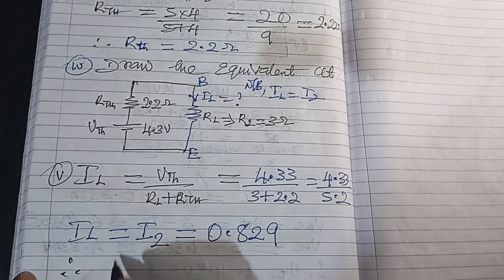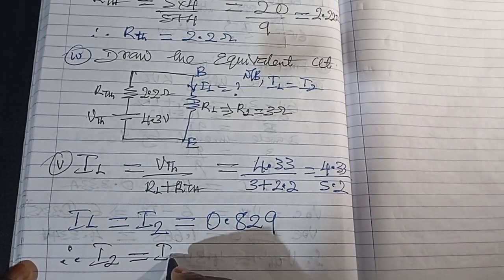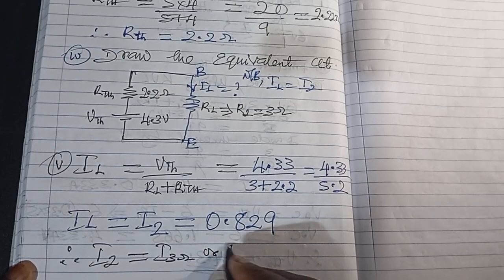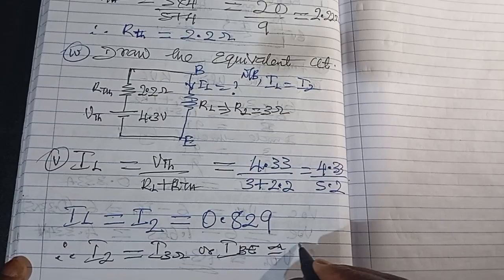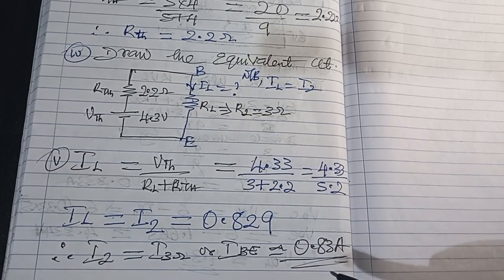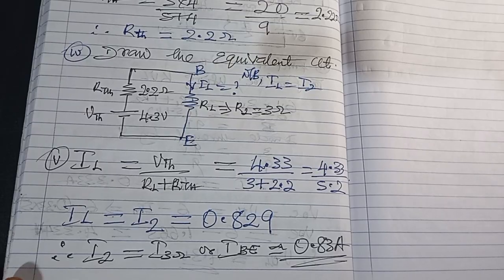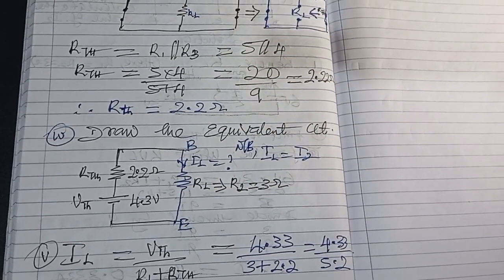Therefore, I2, which is the same as I3 ohms, or IBE, is approximately 0.83 ampere. This is exactly the same value we got when we used nodal analysis. Please, you can check my previous lessons on nodal analysis.